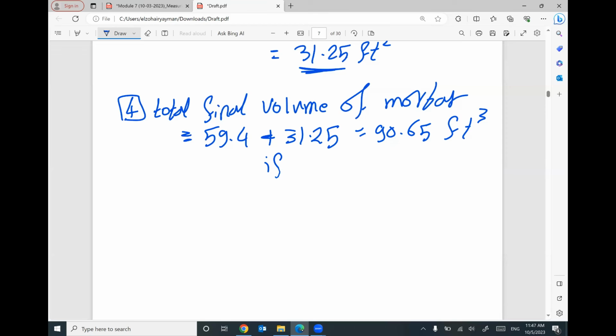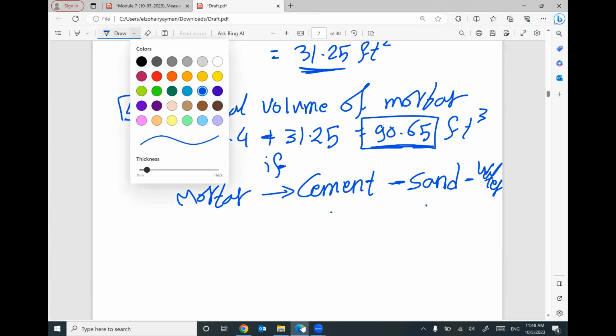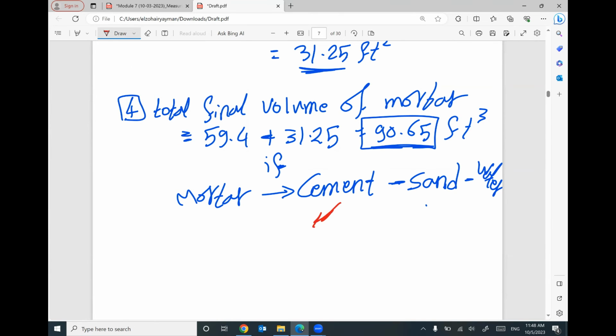If this mortar, which is considered cement, sand, and water, has the ratio between the 3 components given, I can convert this volume to different parts of cement, sand, and water.